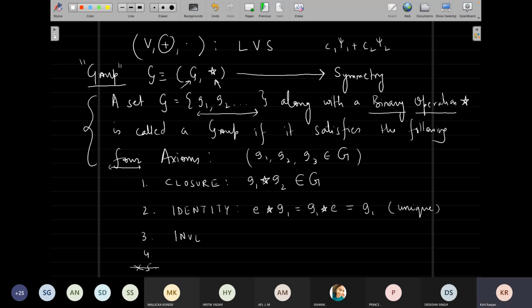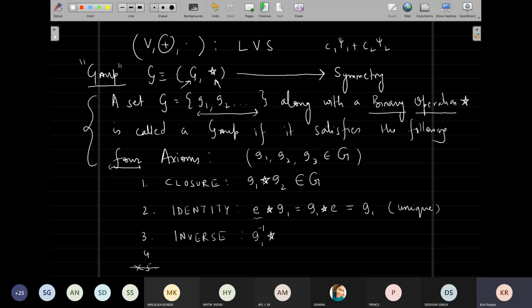Then there exists an inverse. Can somebody guess what would be the inverse? That if there is G1, then there must exist minus G1. G1 inverse. Okay, it is just about how we are going to write it.